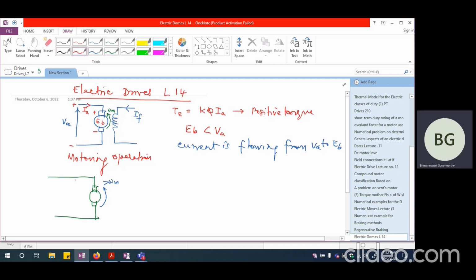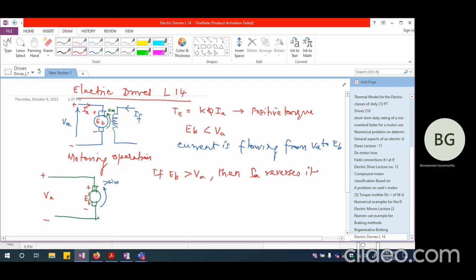So I'm going to have plus here and minus here. Still, I have this as EB dash, let us say, and we are having VA here, which is a fixed value. And in that case, if EB becomes greater than VA, then IA reverses its direction.